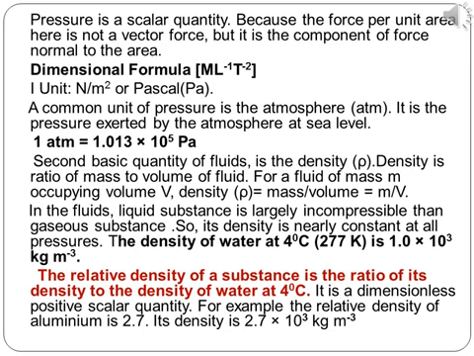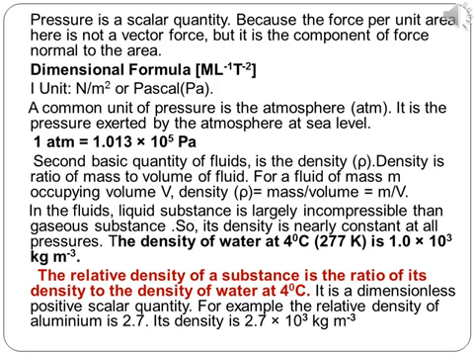Why does it use the temperature condition of water as 4 degrees Celsius? Because water has maximum density at 4 degrees Celsius. Relative density is a dimensionless positive scalar quantity. For example, the relative density of aluminium is 2.7.